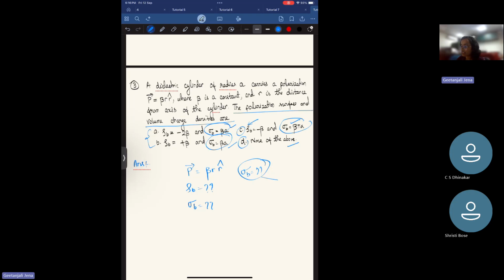So first calculate sigma B and check whether C or D is the answer. If not, then you need to calculate rho B.